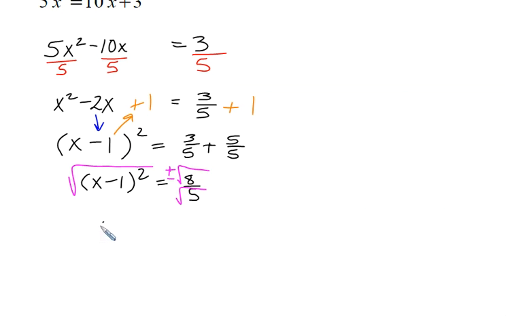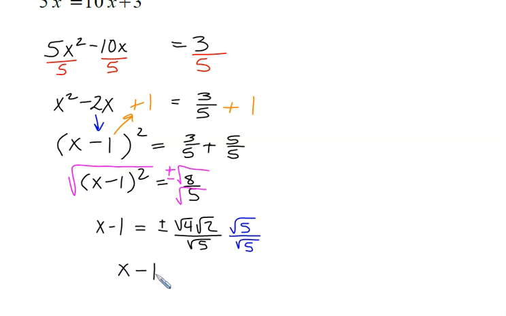So as we simplify this, we have x minus 1 is equal to plus or minus radical 4 times radical 2 all over radical 5. Saving a few steps here, we're going to multiply by radical 5 over radical 5 to rationalize our denominator.